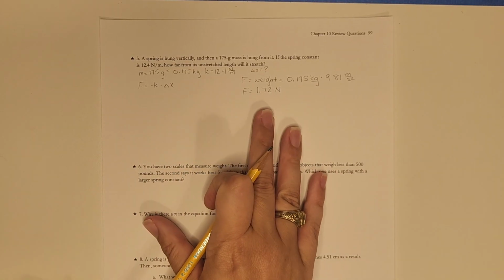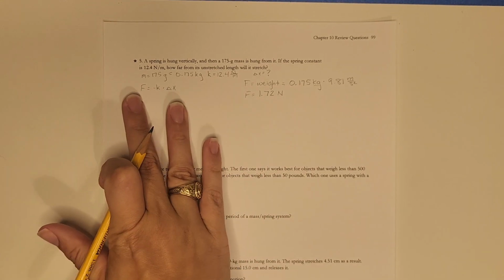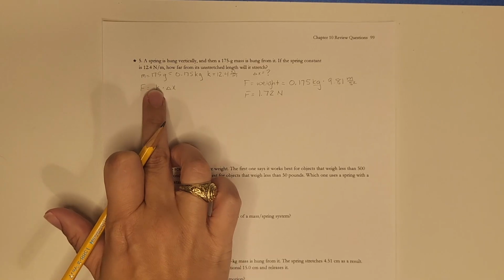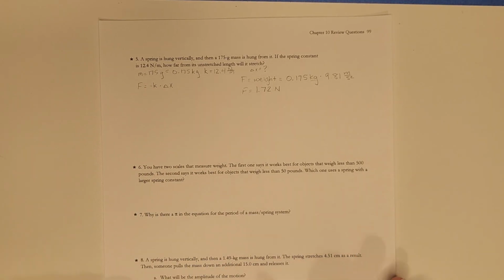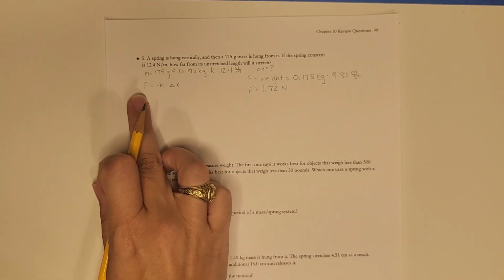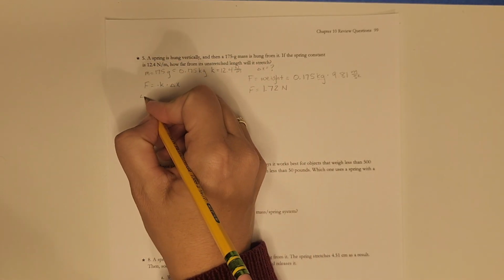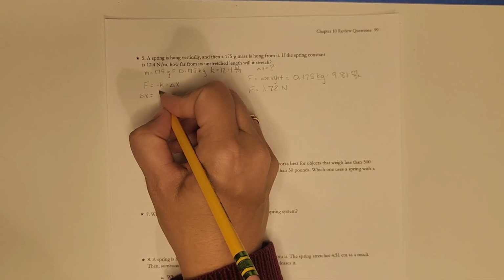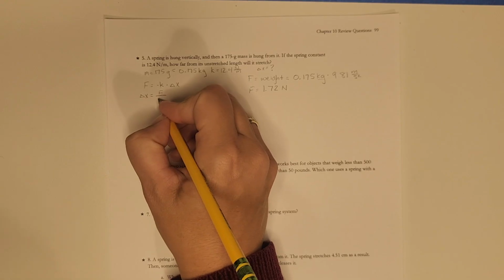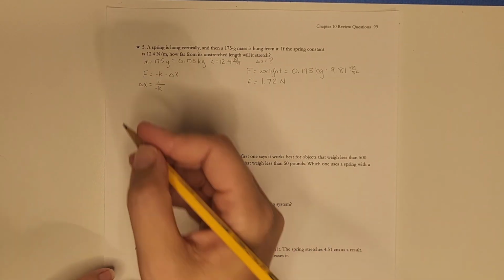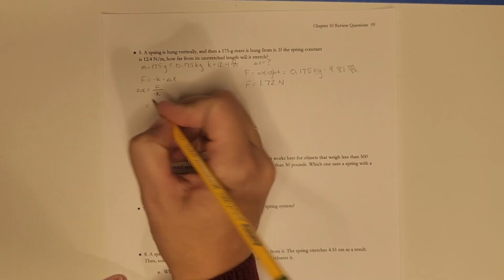So now that we have the force, we have two of the three variables that we need to solve for the third variable. And let's go ahead and rearrange this, right? And so we're solving for delta x, and so that is going to be the force divided by the negative constant. And so let's go ahead and plug everything in here.